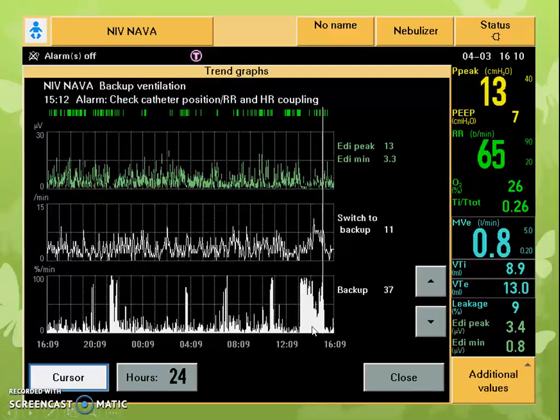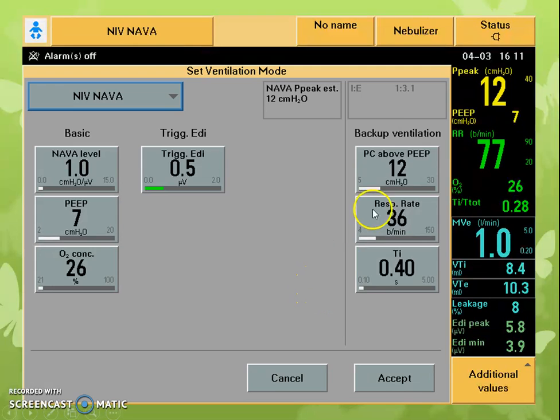In this situation, if the patient stays in backup so long and is comfortable with stable vital signs, we need to wean the backup setting down. If the patient in backup goes to desat and heart rate drops, not apneic, we need to increase the backup setting appropriately for the patient.